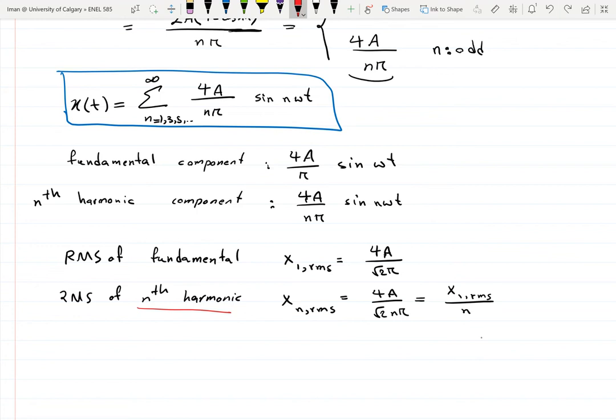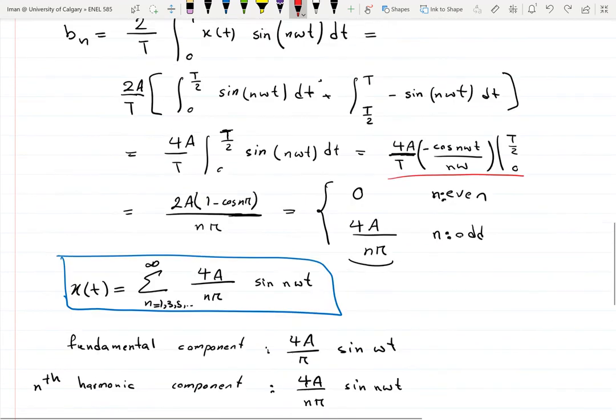And if you see, that's actually the value of the first harmonic divided by n, which is what we're finding for the nth harmonic here. So that's a quick review of how to find the relationship between the harmonics and fundamental components, and how to find the Fourier series.